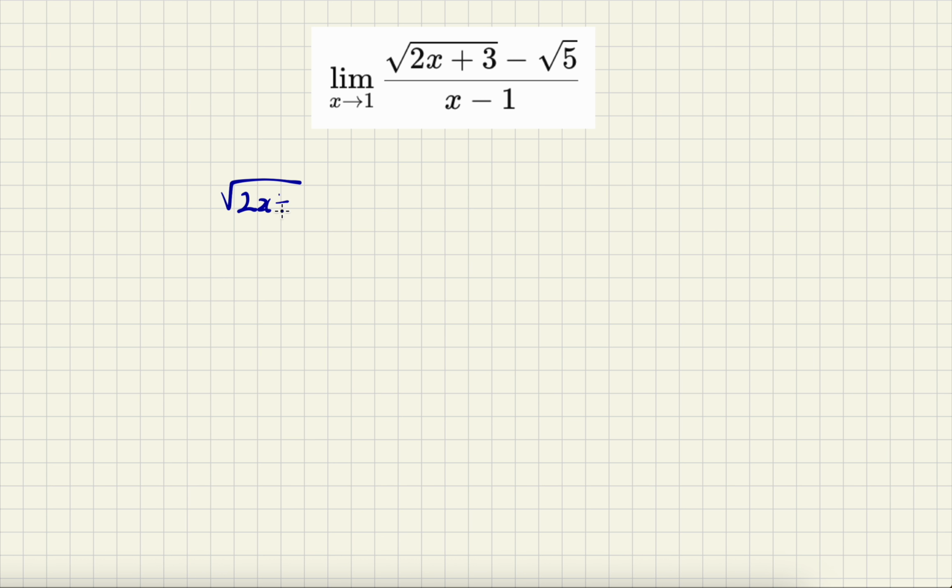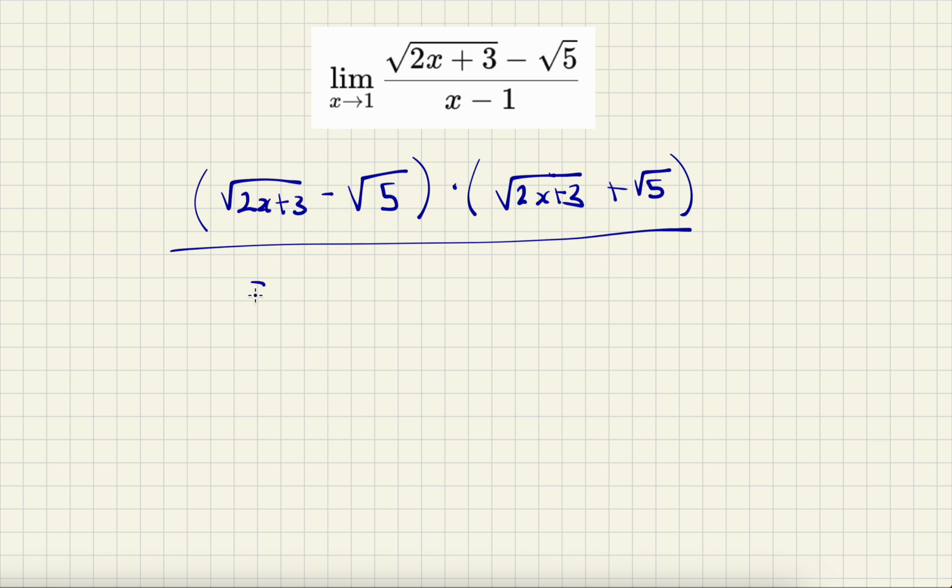(The square root of 2x plus 3 minus the square root of 5), and use brackets in my opinion, times (the square root of 2x plus 3 plus the square root of 5), over (x minus 1) times (the square root of 2x plus 3 plus the square root of 5).